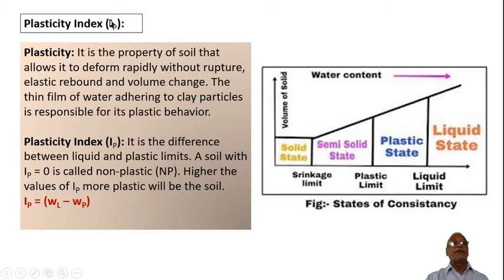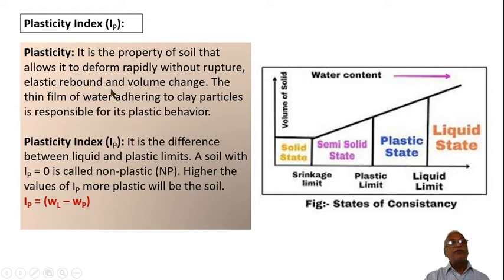Plasticity index. Now before defining plasticity index, let me tell what is plasticity. It is the property of the soil that allows it to deform rapidly without rupture. Plastic, obviously it doesn't break, it doesn't show any crack, right?